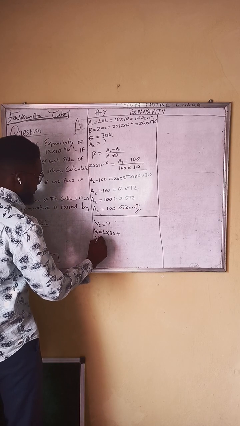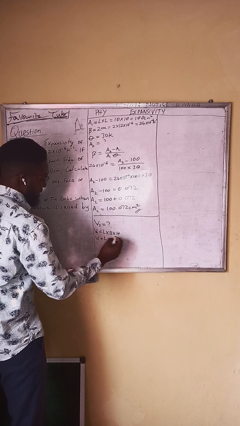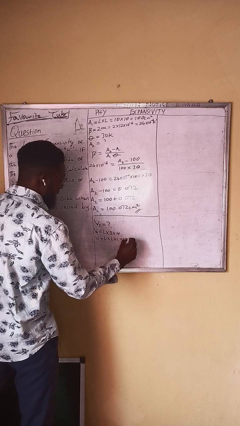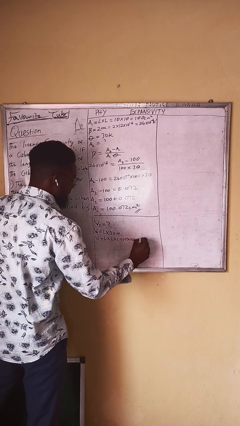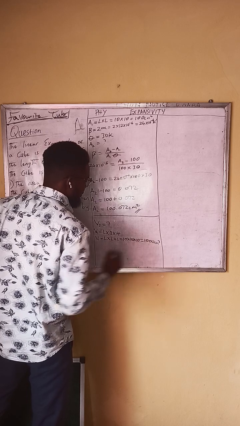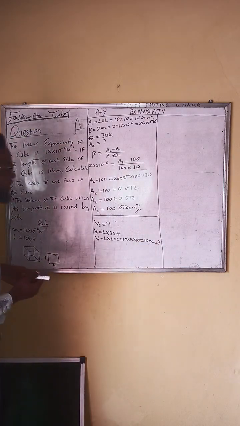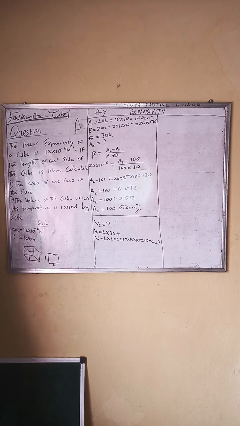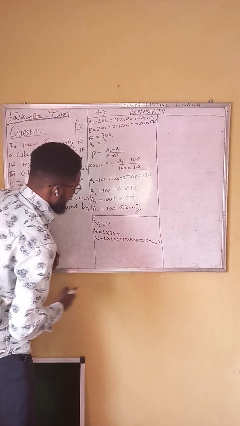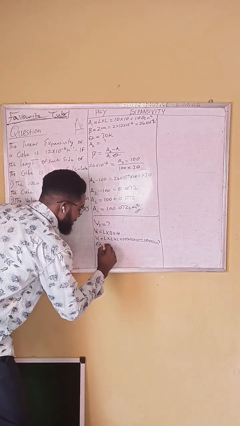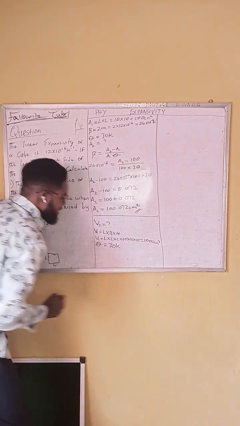It means that the volume is the same thing as length times length times length, which is equal to 10 times 10 times 10, which is 1000 centimeter cube. So this is the original volume of the cube.